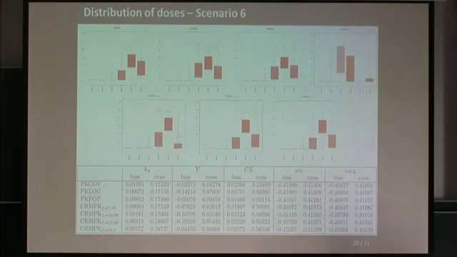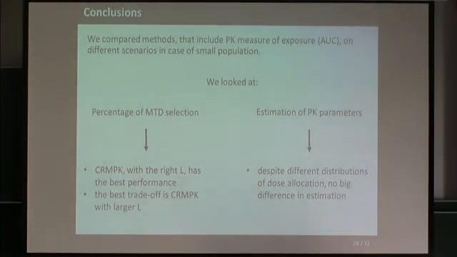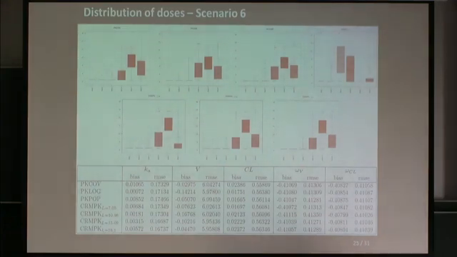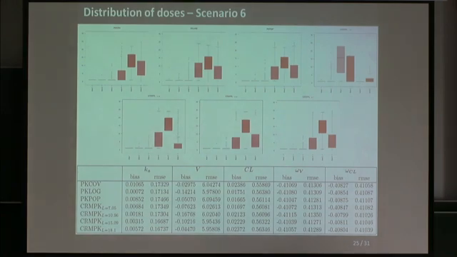And as you can see here, the last are similar, because the CRM PK tends to be only the CRM when L is higher than the real L.